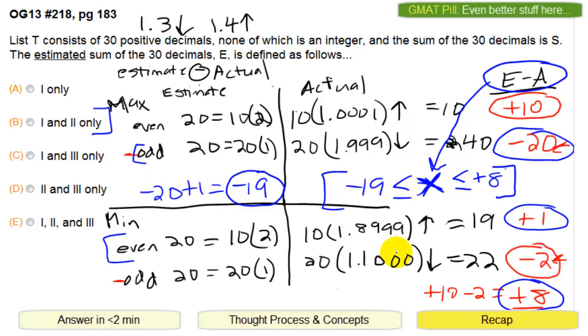Then we combined an even line with an odd line to find the upper end of the range, and then the lower end of the range. This range is the acceptable values that you can get. And it turns out that the answer is just the first 2 that are provided, and that's answer choice B.